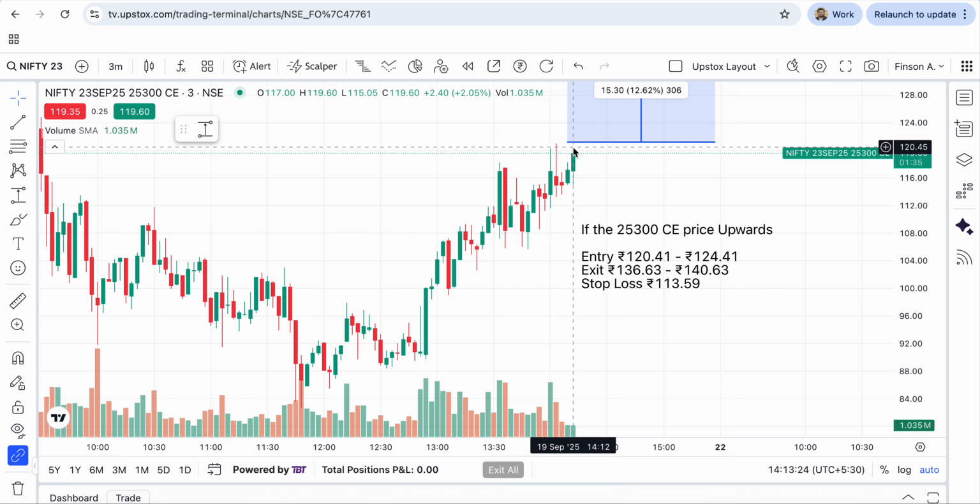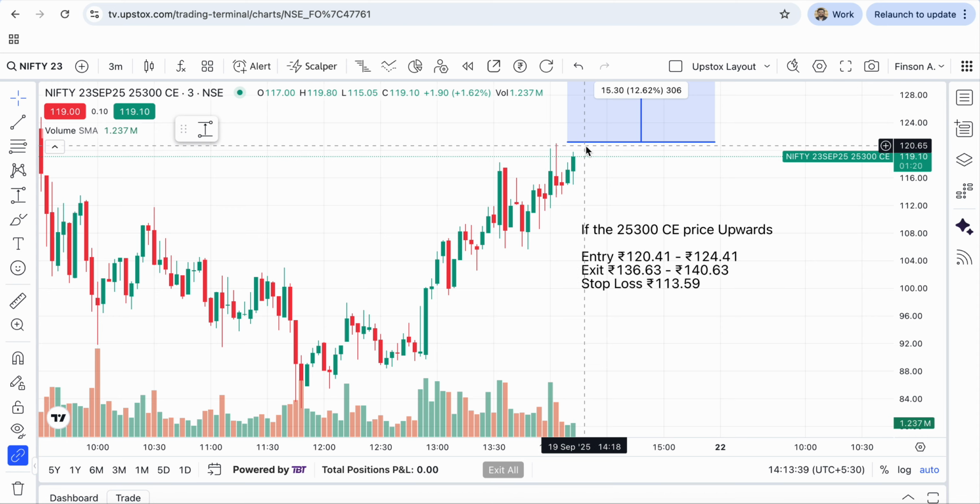This candle is 14:12, and the next candle is 14:15. We check that the next candle is generated.